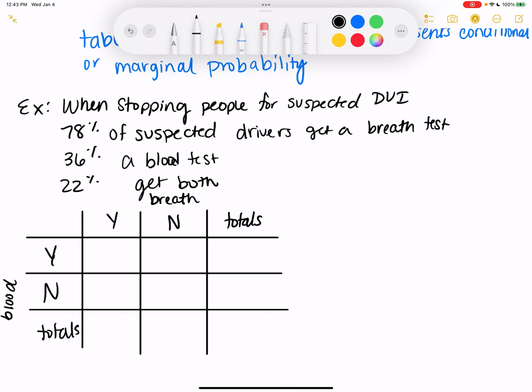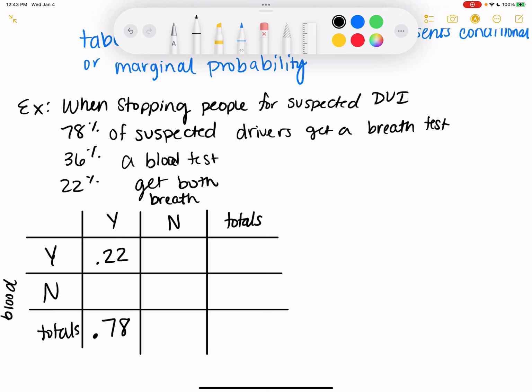So we were told that 22% got both, so that would be a yes for both columns. So that was 0.22. 78% got a breath test, so that would be a yes in the total column for a breath test.